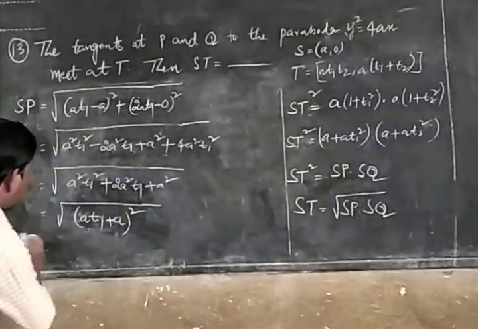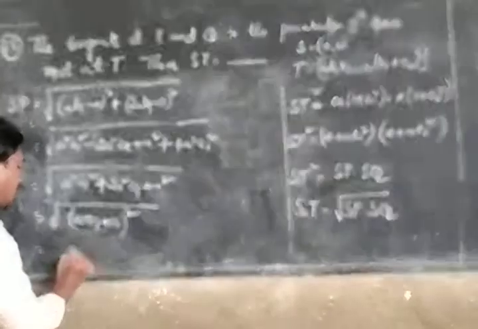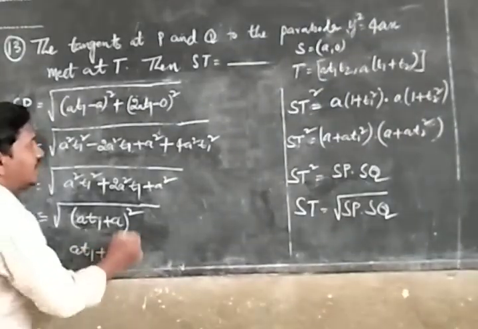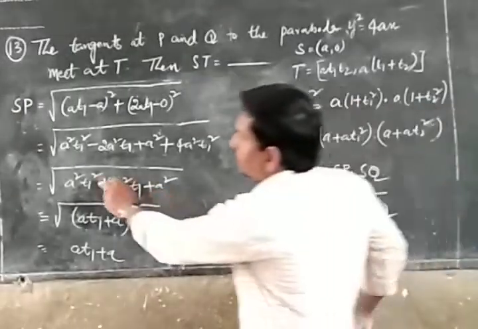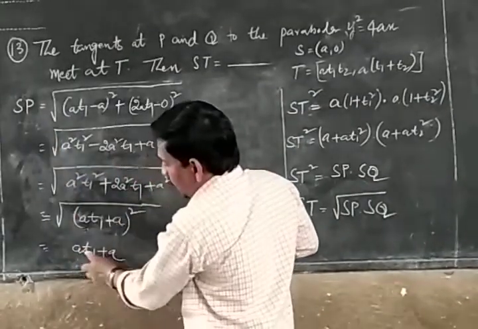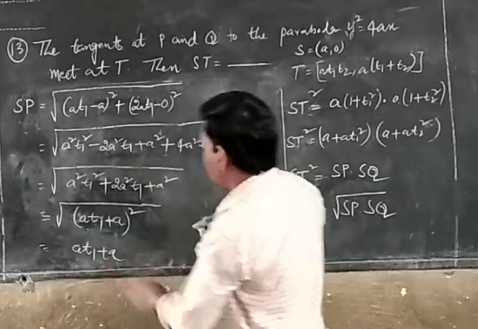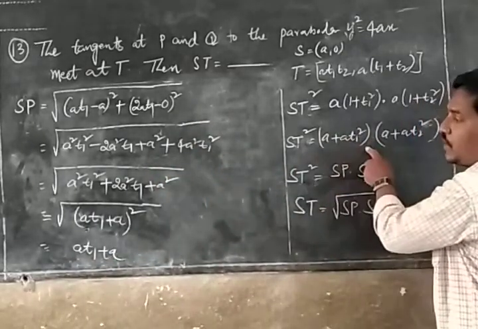So square and root both are cancelled. A t1 square plus a. That's why a plus a t1 square. What is SP equal to? SP equal to a t1 square plus a.